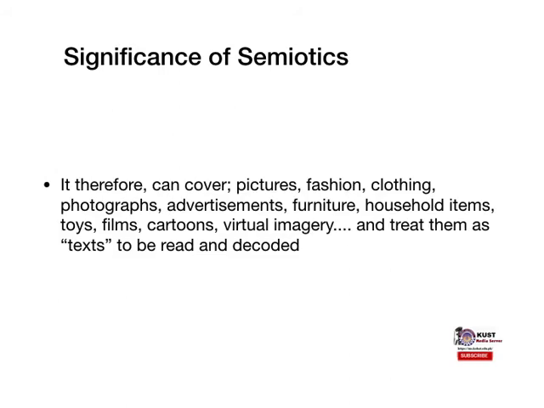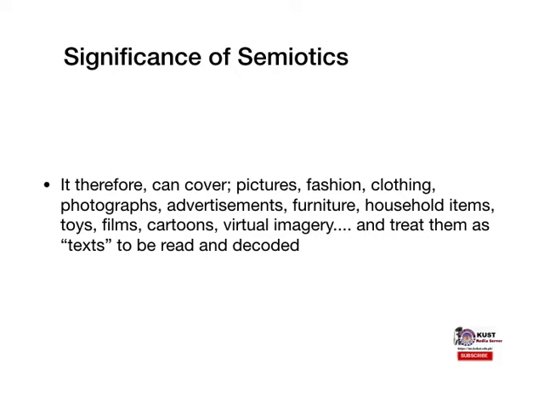Continuing with this, the significance of semiotics is also that it can cover pictures, fashion, clothing, photographs, advertisements, furniture, household items, toys, films, cartoons, and virtual imagery, and treat them as texts to be read and decoded. It reads everything as text. Whenever you watch a film, you can read it as a text and decode it.